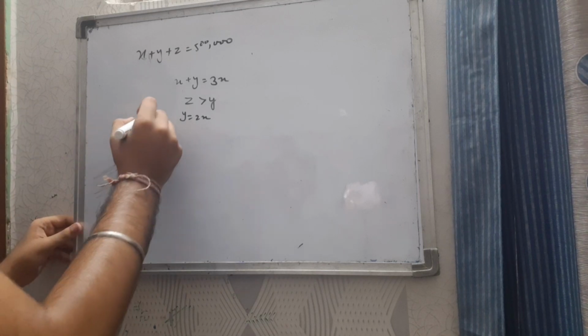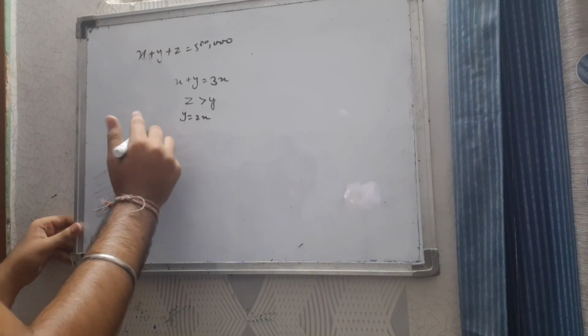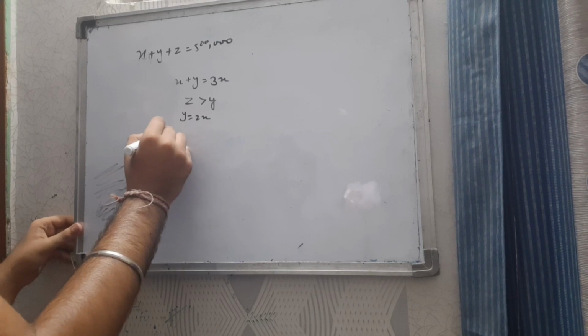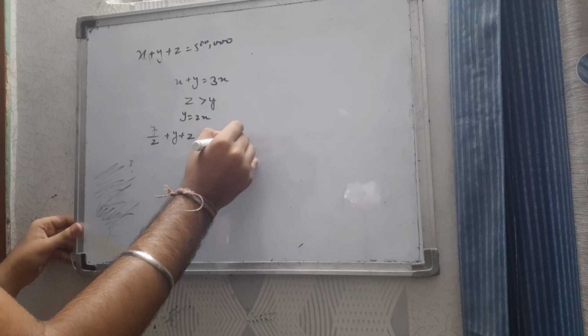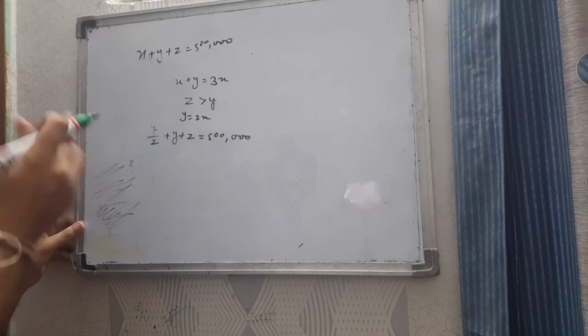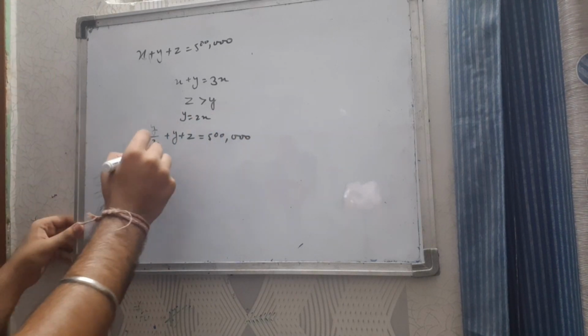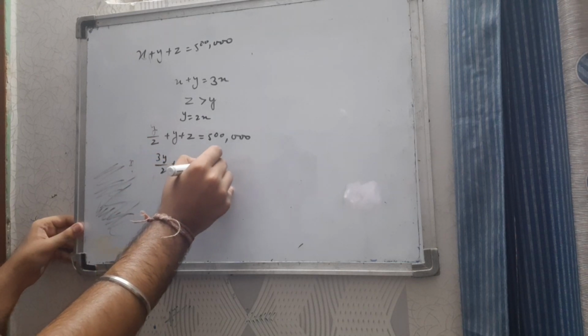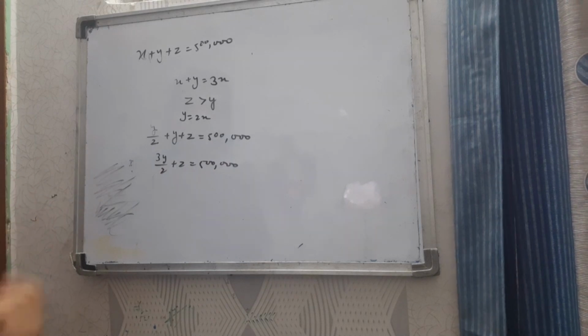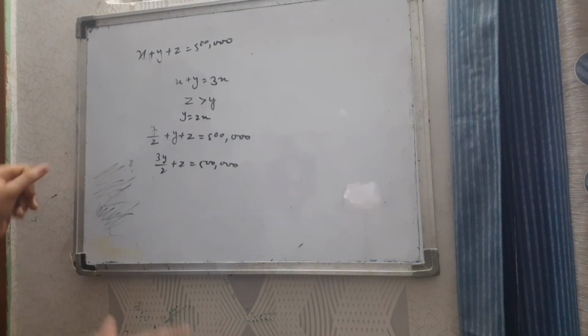So X is Y by 2, plus Y plus Z is equal to $500,000. So 3y by 2 plus z equals $500,000.